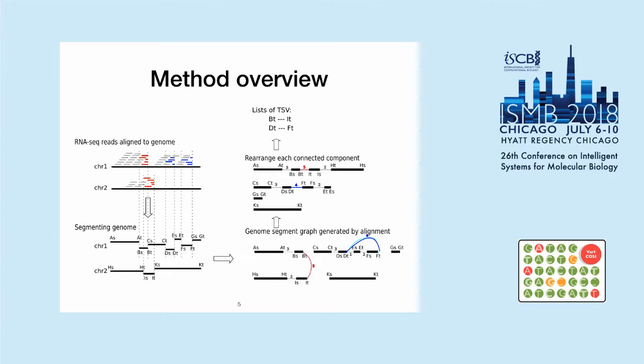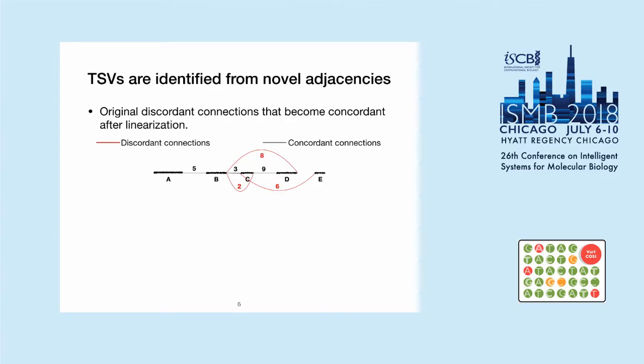And the final list of TSVs is detected from the novel adjacencies after the rearrangement, that is, the original discordant reads that become concordant after the linearization.